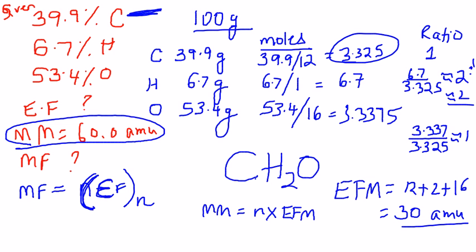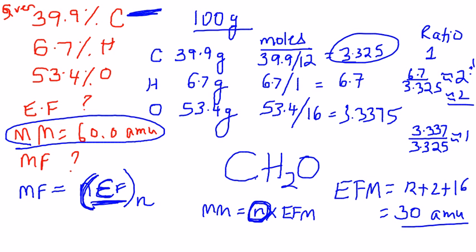Recall what we learned for the case of benzene. The 13 times 6, that integer was 6, was derived from the masses that were provided. So since I don't know what that integer is, even though I have figured out what my empirical formula is, I really cannot do anything about the molecular formula till I figure out that integer. But guess what?